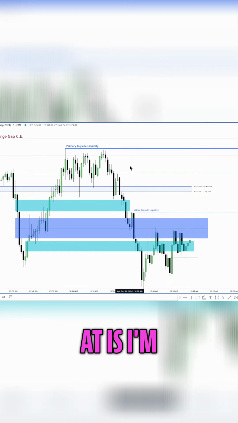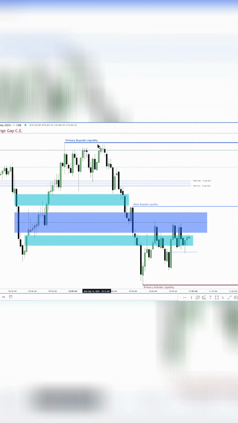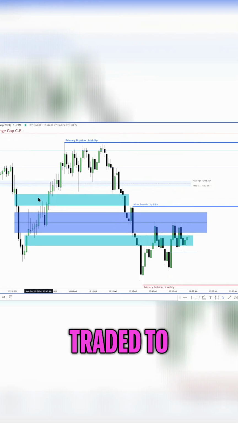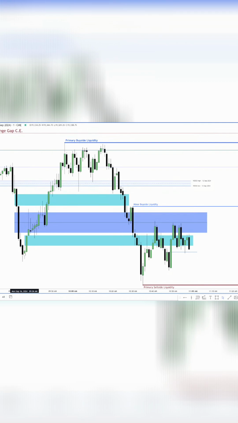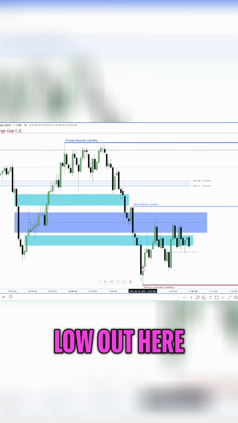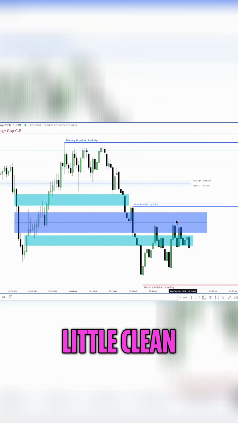So what I'm looking at is I'm seeing how we left those smooth highs. Mid gap is still up here, hasn't been traded to. We had a really nice short-term low that was priced in quickly. We folded, went lower, took that low out here, failed to go lower there, but we're building this little clean area.